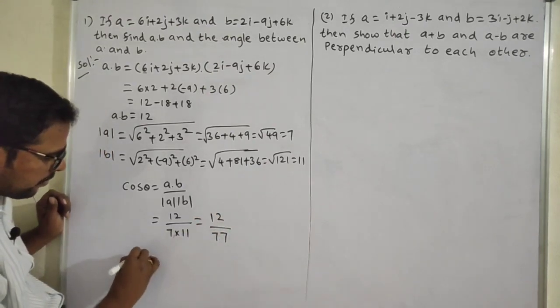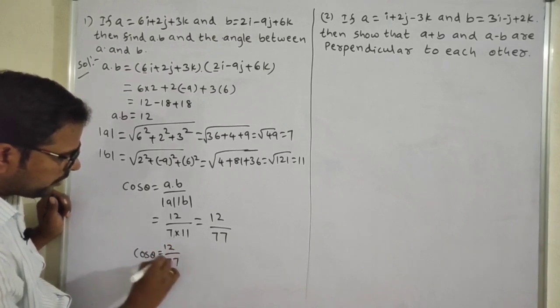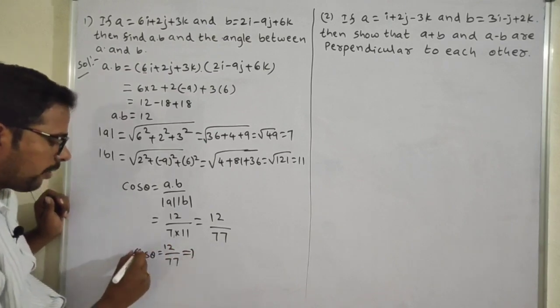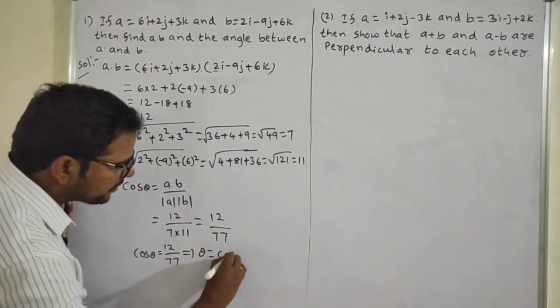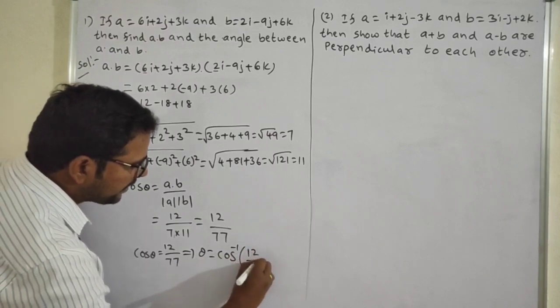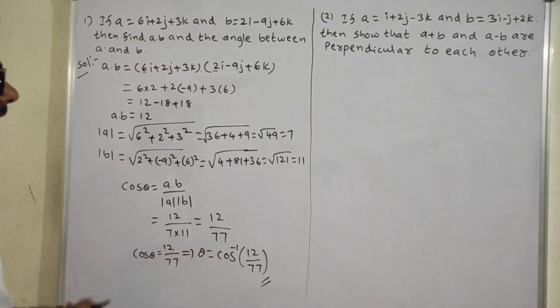So cos theta is equal to 12 by 77. This implies theta is equal to cos inverse 12 by 77. This is the angle between the two vectors A and B.